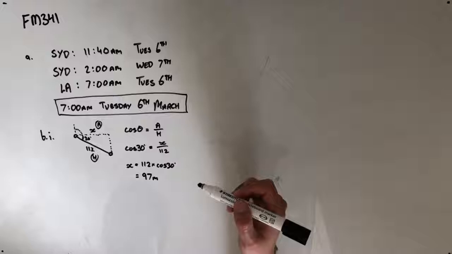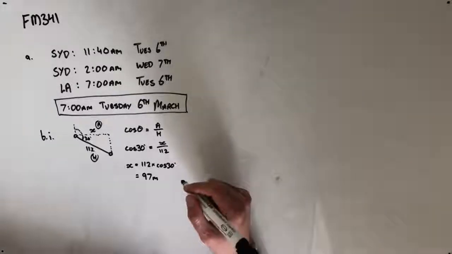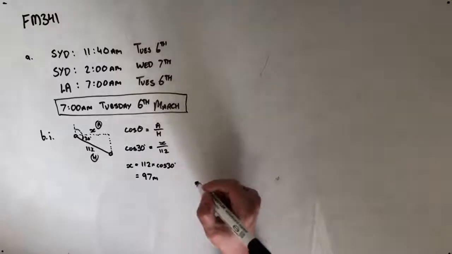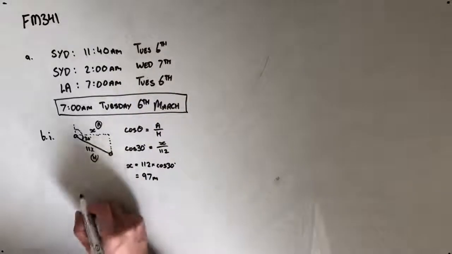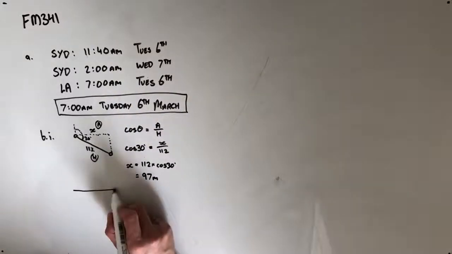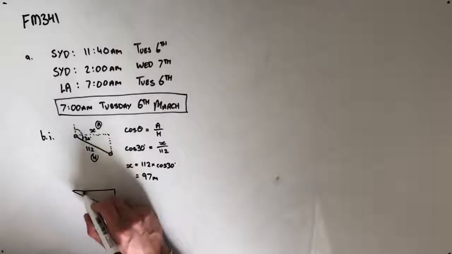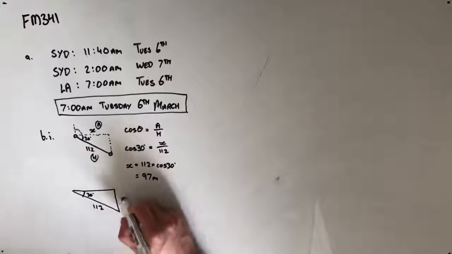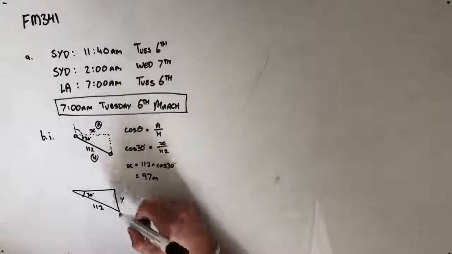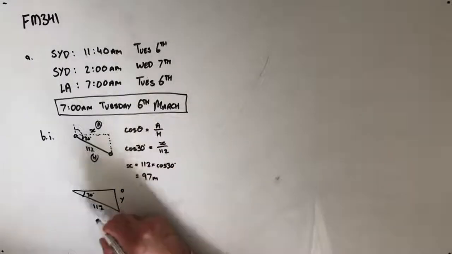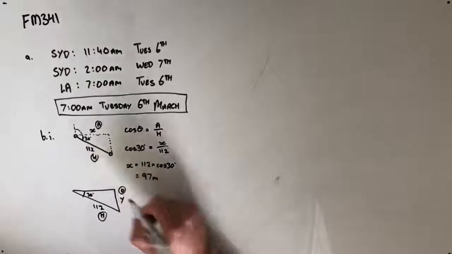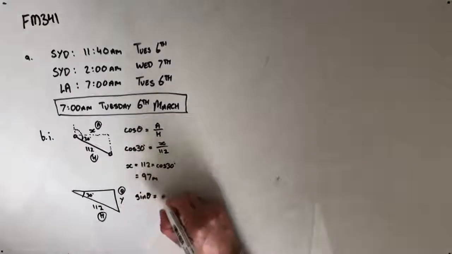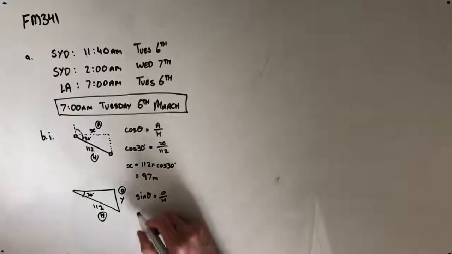Awesome. Part II says, what is the southern distance between the 2 nightclubs? Round your answer correct to the nearest meter. So this is a very similar process with one slight difference. So we're using the same triangle again, except this time we're going to be looking for this side, the opposite side. So we're using opposite and hypotenuse, which means we're using sine theta equals opposite over hypotenuse.